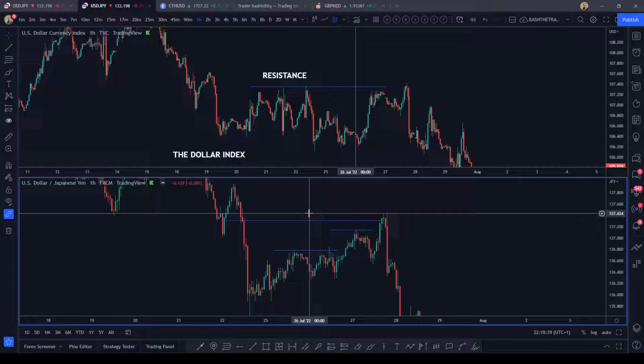So I was in a situation whereby I couldn't decide on what to do next, but I had very strong confidence in my analysis, and I didn't give up on the trade, right?